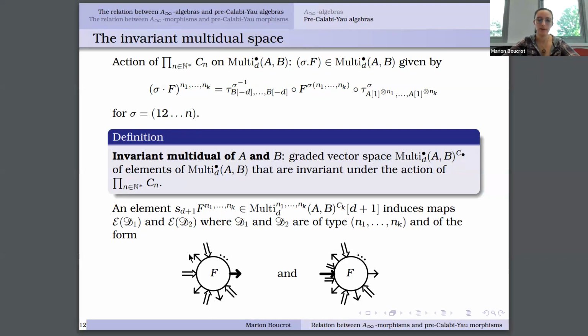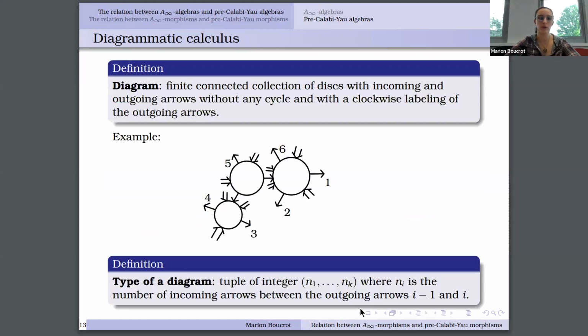So before giving you the definition of pre-Calabi-Yau algebras, I will just explain how to compose some disks like this. And I will talk about the notion of diagram. So a diagram is, roughly speaking, a finite connected collection of disks with incoming and outgoing arrows, without any cycle, and with a clockwise labeling of the outgoing arrows.